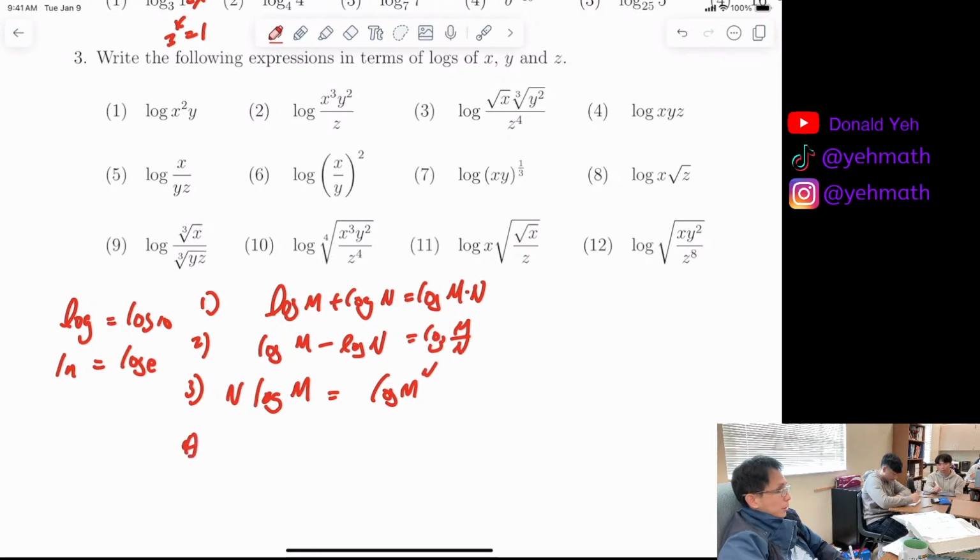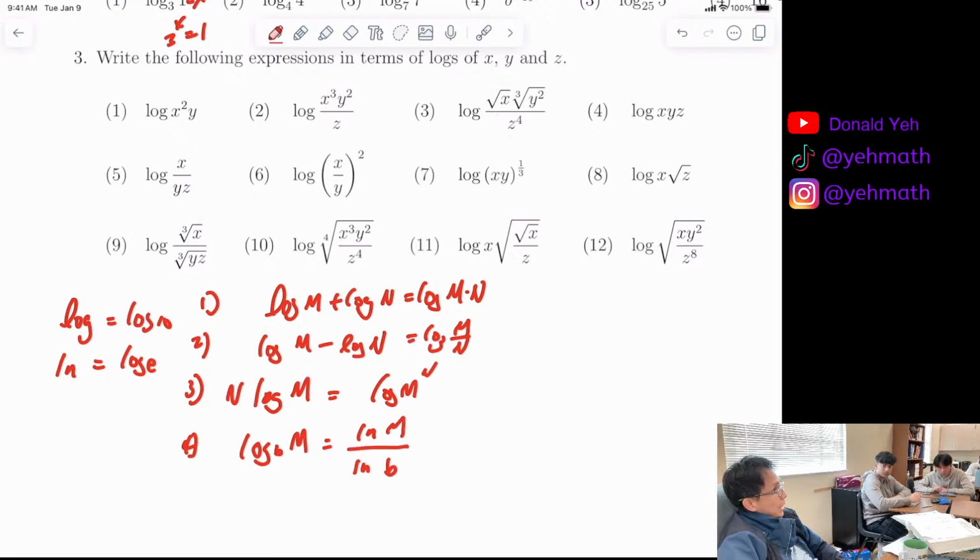The fourth rule is called change of base. This is also important because in 5.3 and 5.4, you need to use it. We're doing 5.1 right now, just an introduction. So log base b of m is equal to natural log of m over natural log of b. You have to use that later.